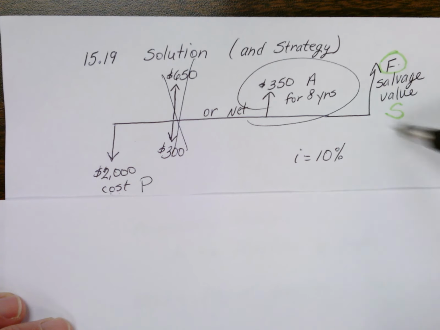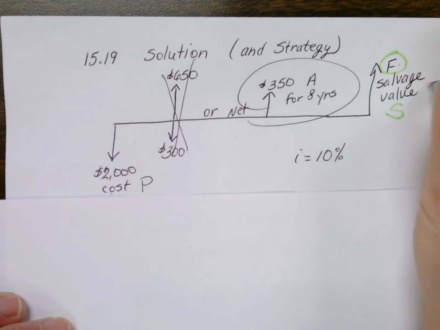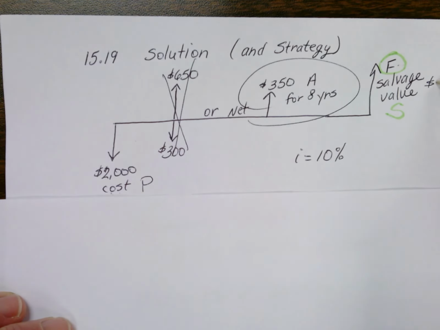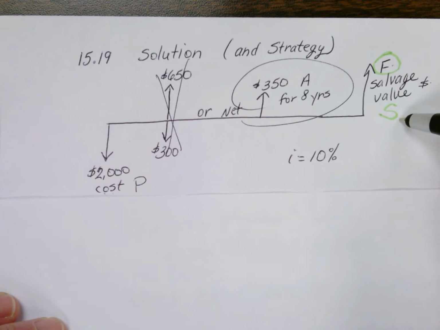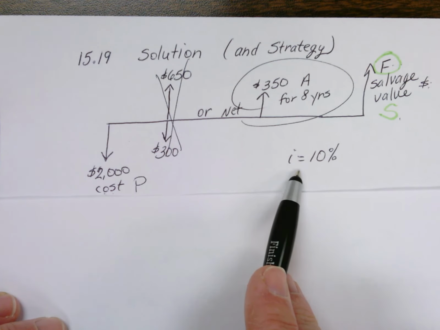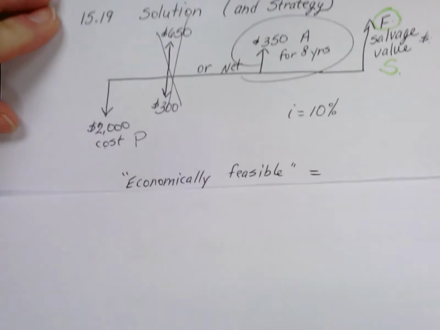Since we're solving for this, I'm also going to give it another letter name because this will end up being in dollars. We have to find a future selling price of this asset. So I'm going to call this quantity in dollars with the letter S for salvage value, and indeed it is a future cash flow. Interest rate for this situation, desired rate of return, required interest rate is 10%, required rate of return in the problem for this company.